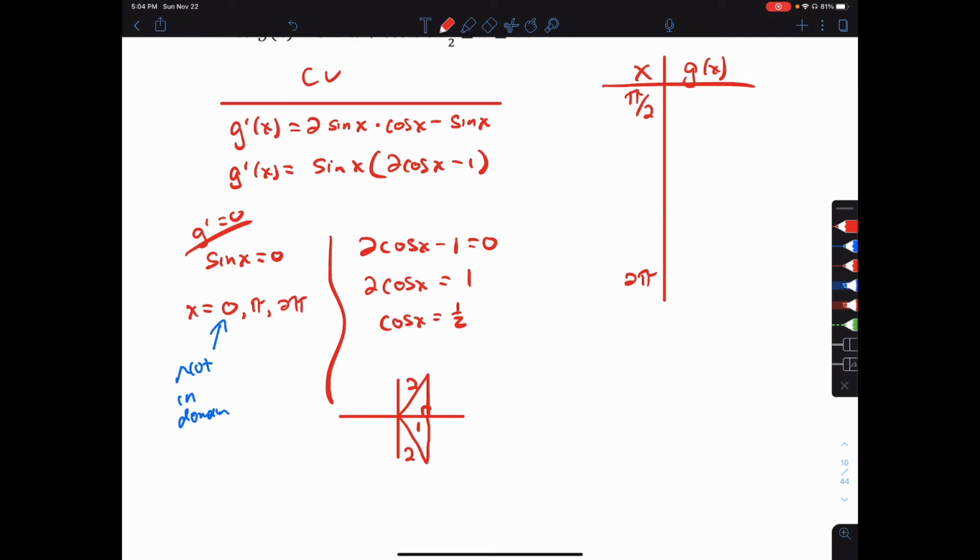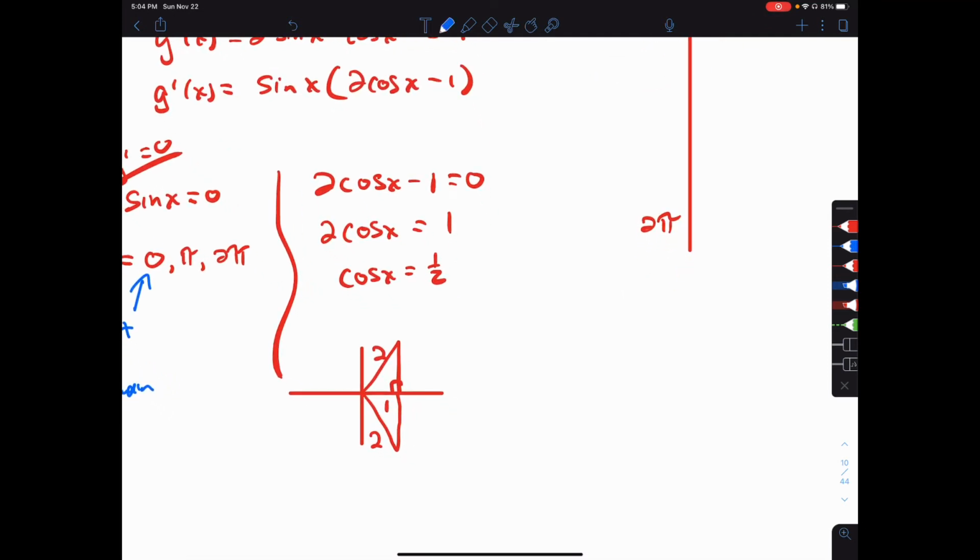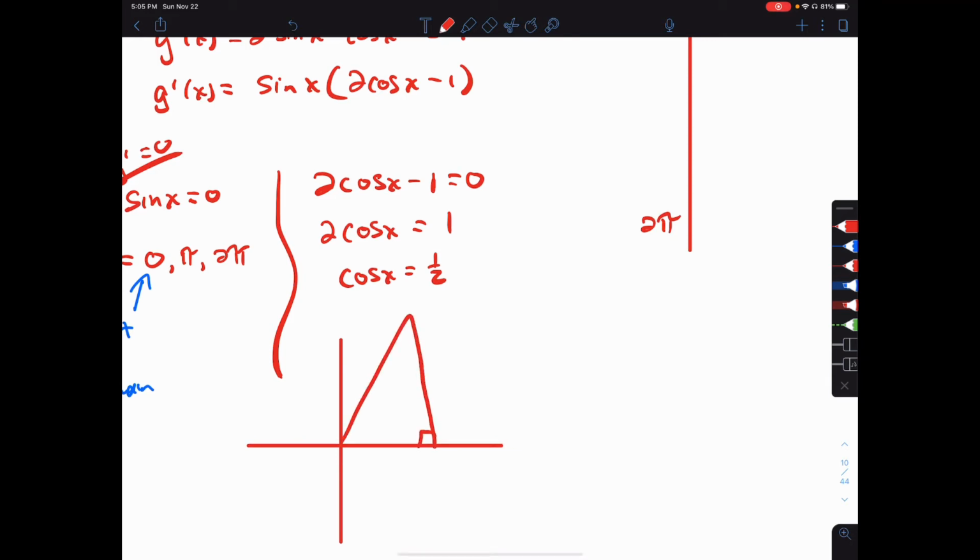So the missing side of this triangle would be square root of 3. This is a special right triangle where I should make this bigger so I can get all this stuff in. So we got 1, square root of 3, and 2. That would make this angle pi over 3, which is 60 degrees.